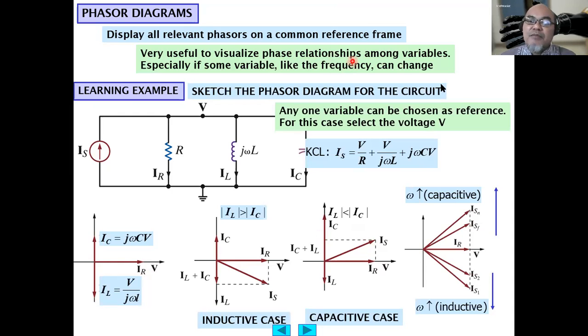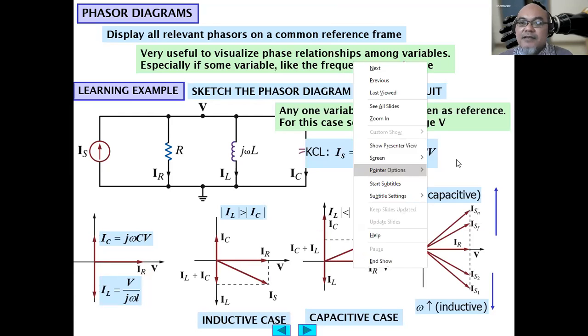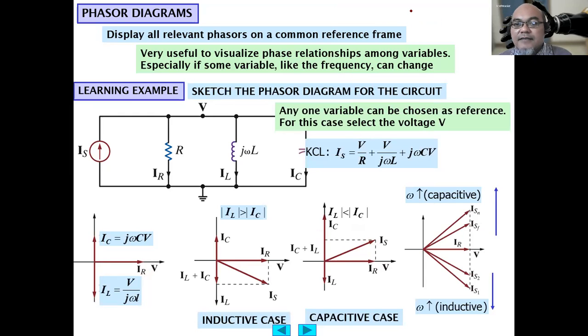To remember it easily, just remember the formula: in inductive, voltage equals j omega L I. So this additional j means voltage leads the current by 90 degrees. So the current is lagging here, like in the inductive circuit.